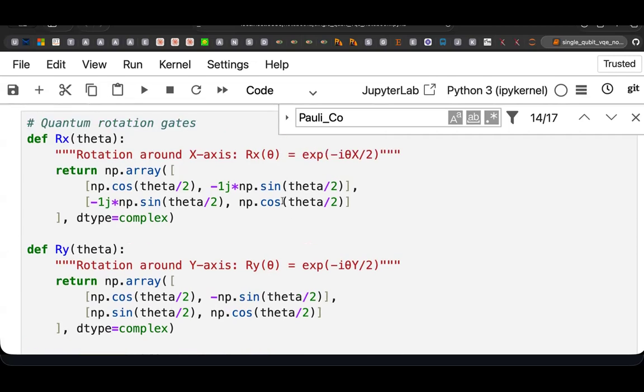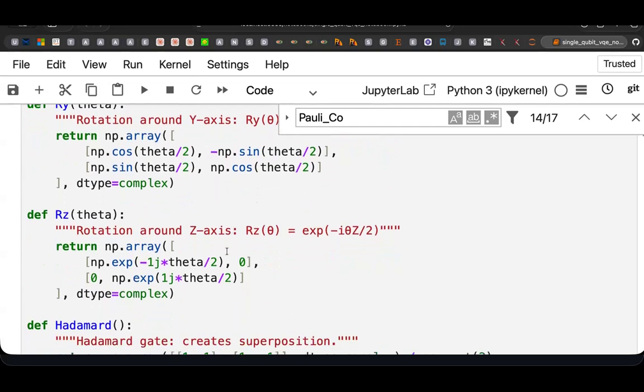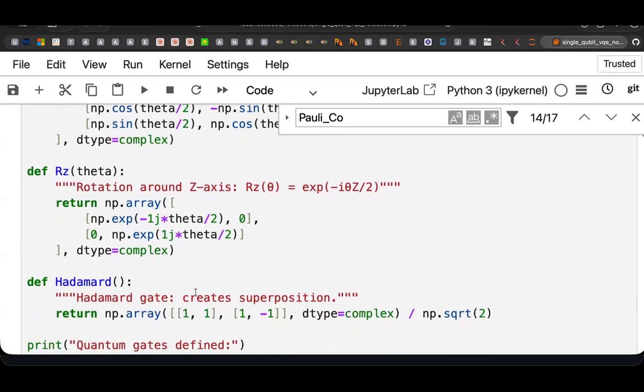Similarly here, this becomes an X matrix, and you see this is multiplied with j here. And finally, we have the Z matrix, which now is simply us having these arguments here. This becomes 1, and this becomes minus 1, sorry. This gives 1, and this gives minus 1.